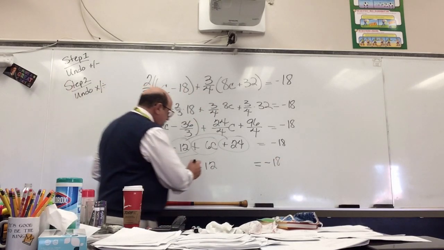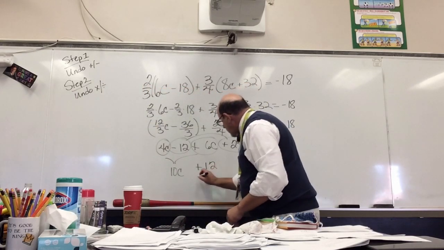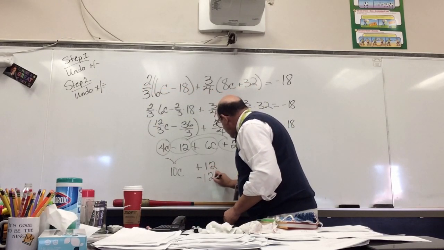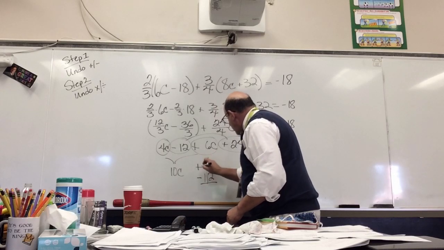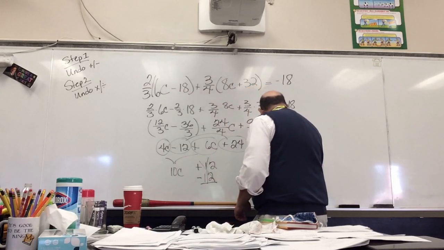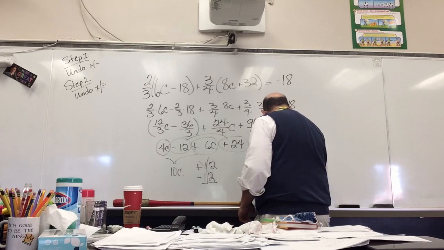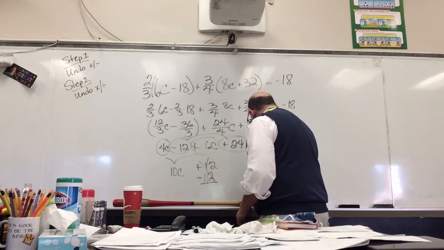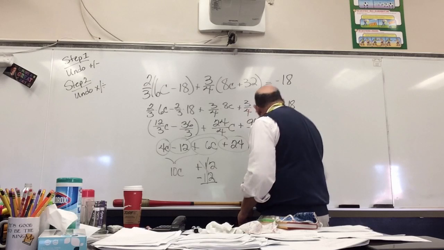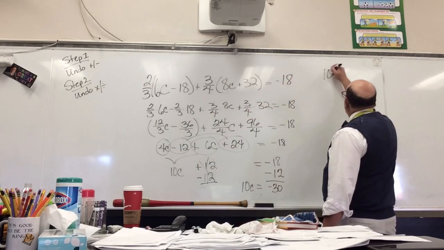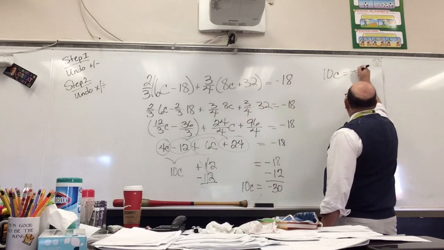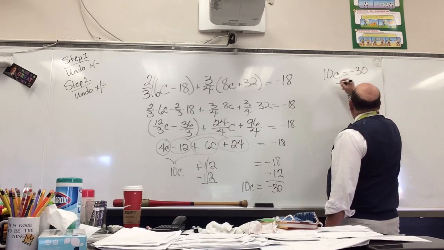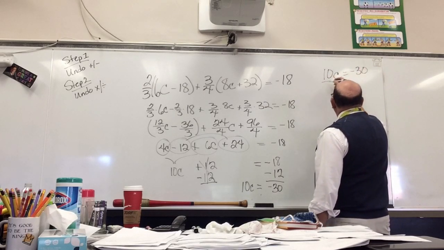I'm going to undo my addition or subtraction. I have some addition here, so I'm just going to subtract 12 from both sides. Negative 18 and negative 12 are negative 30. And I just have 10c. So 10c equals negative 30.